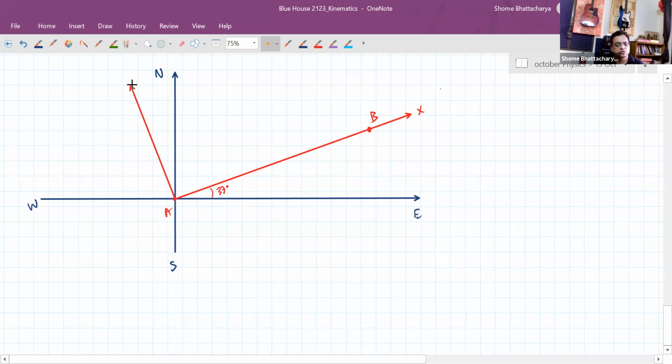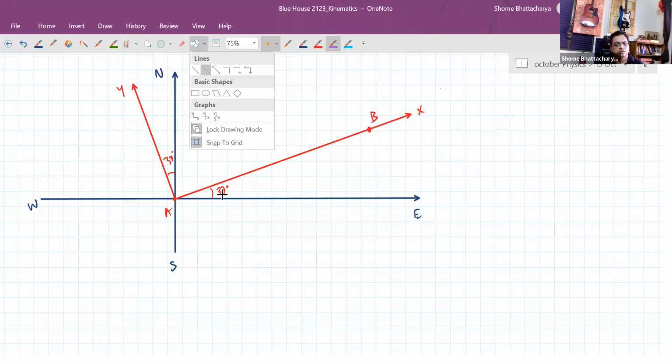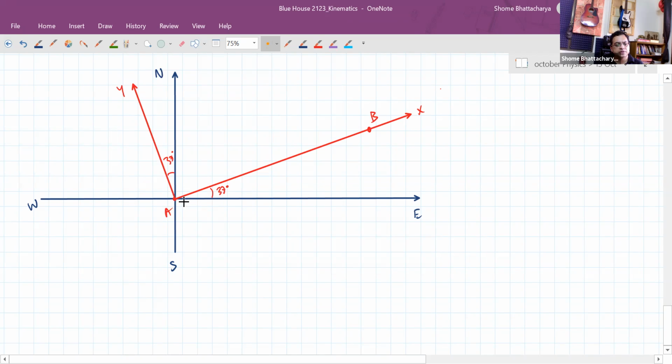And since the question has also asked for the direction of the aircraft with respect to air in terms of an angle with respect to the line AB, it's going to be easier this way. Okay.